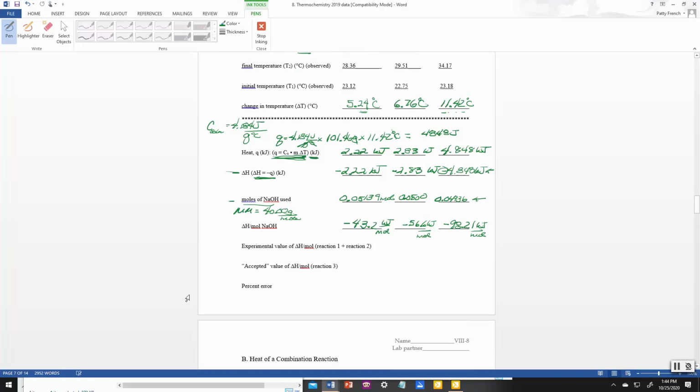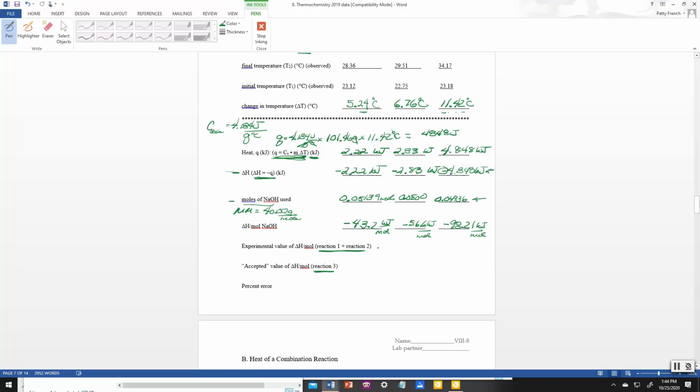So if you remember your pre-lab, you'll remember that the sum of the first 2 experiments should be equal to the delta H of the target equation, which is the 3rd experiment.